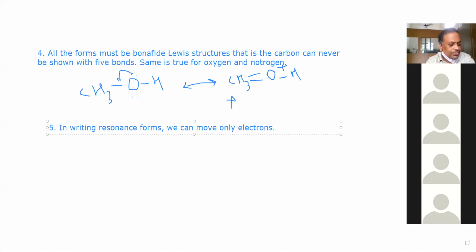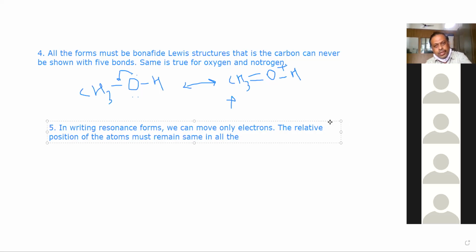The relative positions of the atoms must remain the same in all the resonance forms. This is rule number 5.